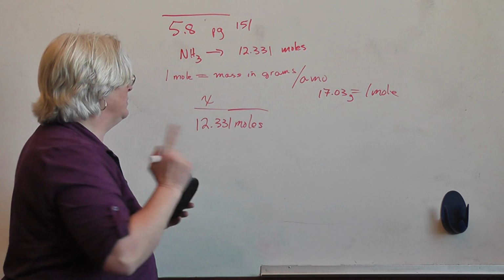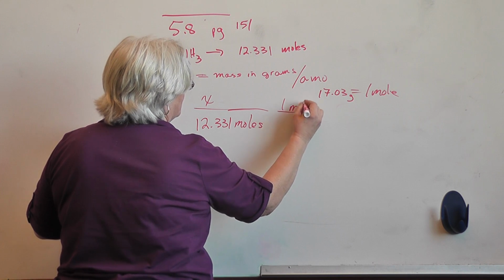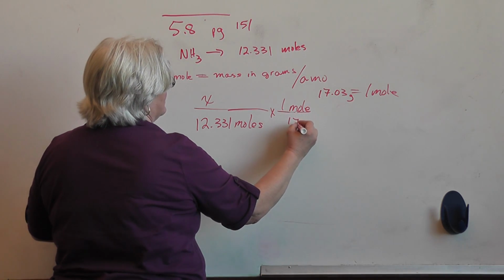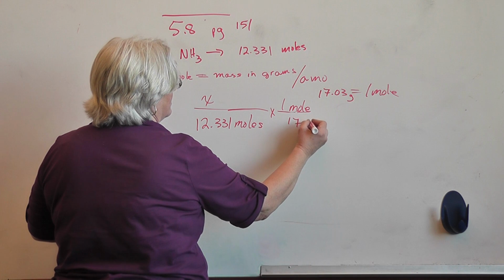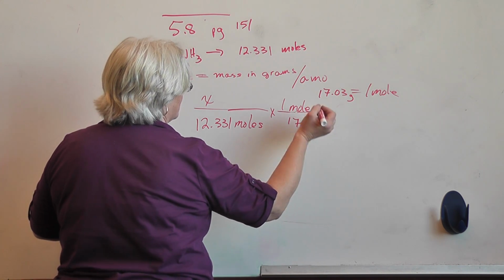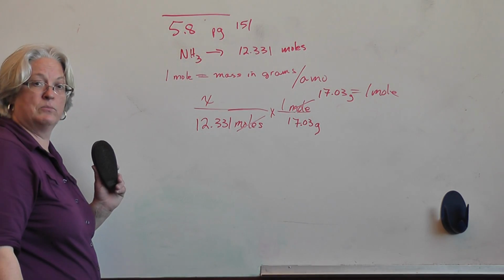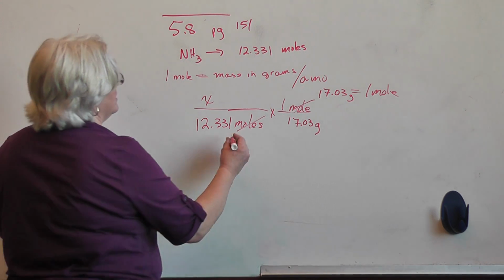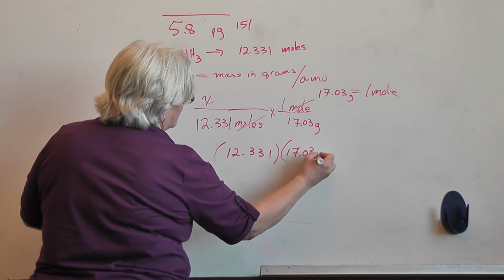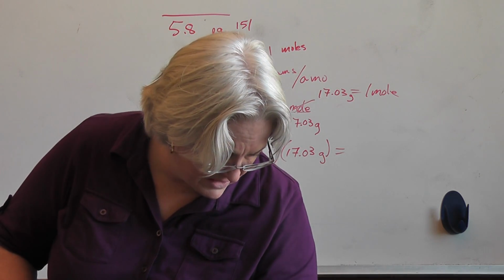Well, we don't know that yet, but we do know that 1 mole of ammonia has 17.03 grams. So our moles are going to cancel out. So the number of grams of ammonia that we have in this sample is going to be 12.331 times 17.03 grams to tell us how many grams of this stuff we have.